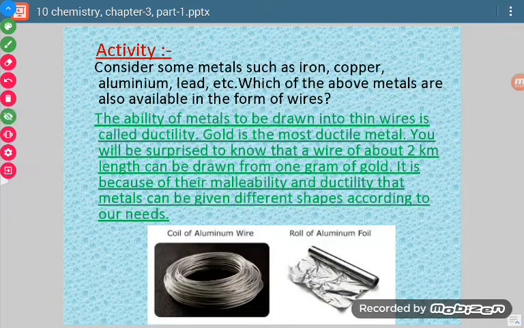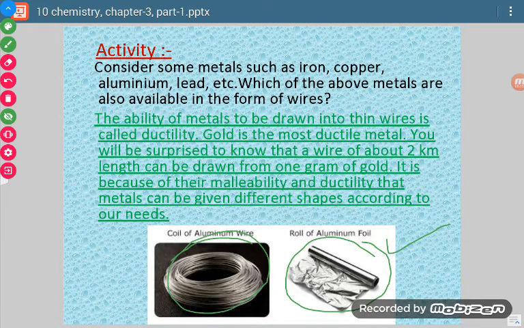Now one more property is there which is called ductility. You might have seen this aluminum foil which is used for wrapping our dinner items. This is the property of malleability, where the aluminum metal was so beaten that it gave a very thin, paper-like sheet.